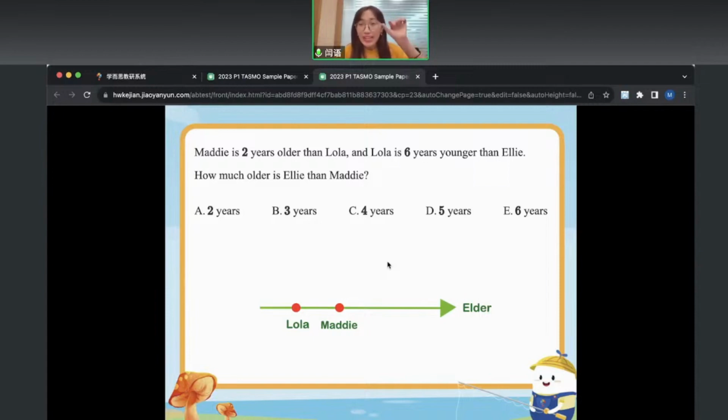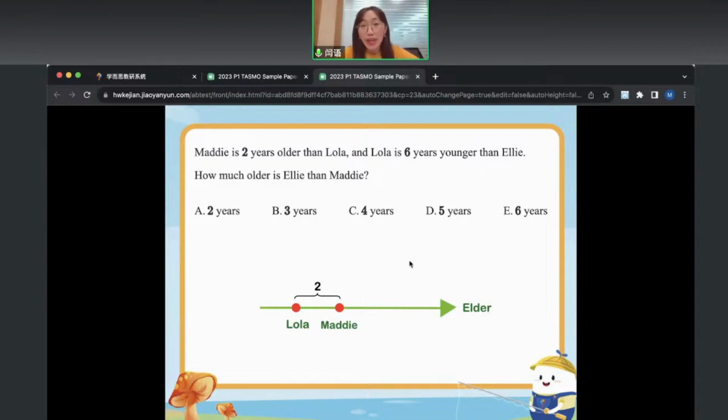And what is the difference between their ages? It is 2 years old, right? So try to label 2 years. 画图做比较的时候，一定要注意一下步骤，OK？我们画图的时候一定要按照步骤来。Okay, and next one, Lola is 6 years younger than Ellie. 6 years younger than Ellie.